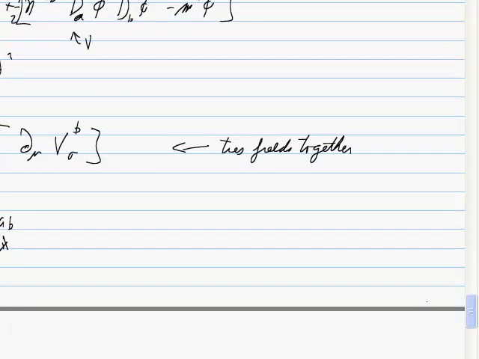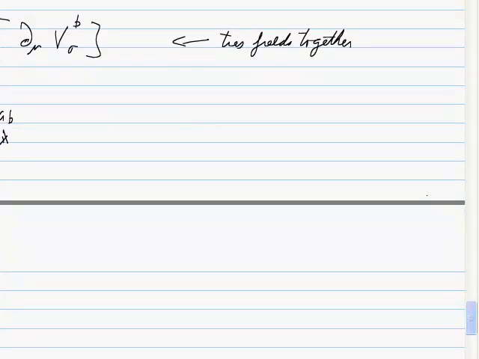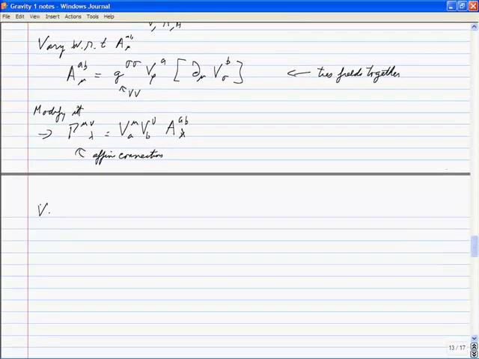Okay. The second equation of motion then comes from varying V^A_μ.